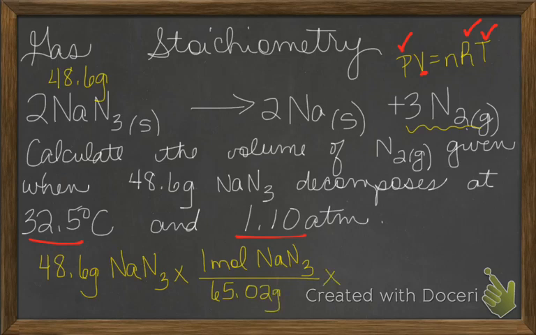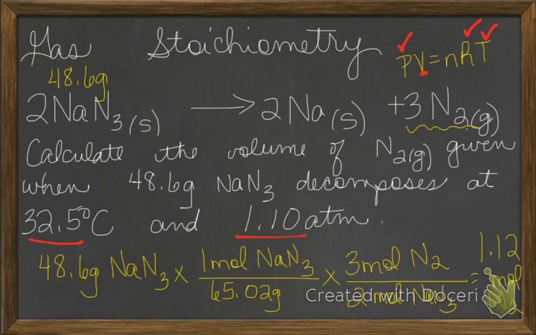And I know from the balanced equation that I will generate 3 moles of nitrogen for every 2 moles of sodium azide. Of course, I'm using my coefficients from my balanced equation there. And I plug that into my calculator, and I calculate that I will produce 1.12 moles of nitrogen.